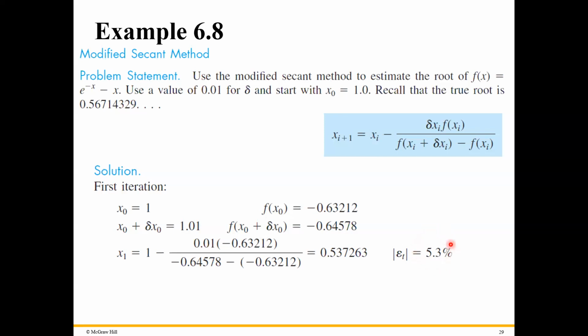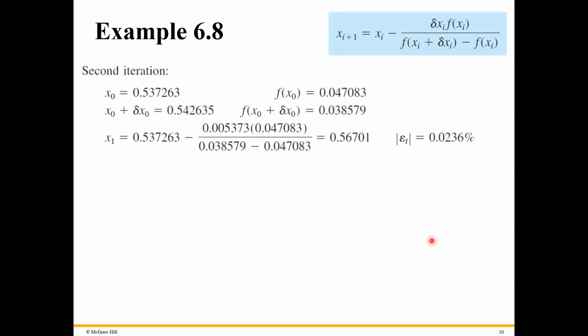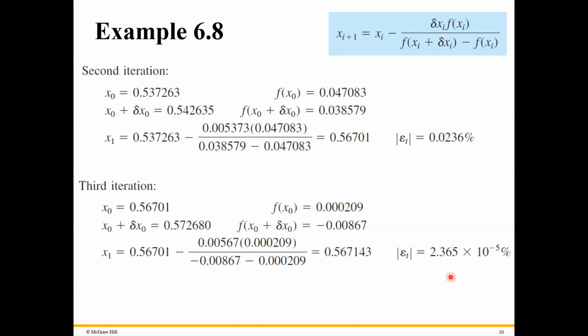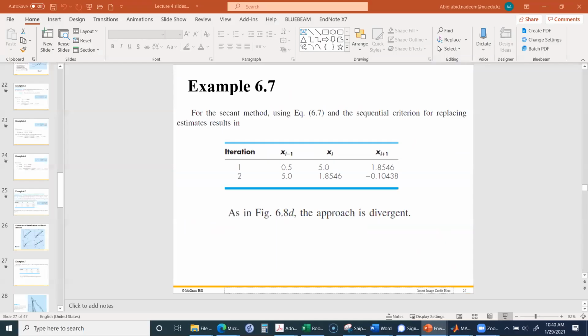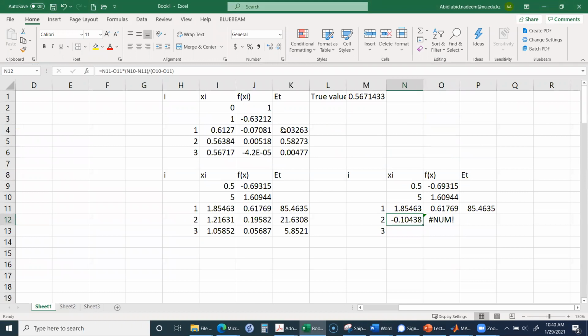So it is much quicker than the original method. Then 0.023%, and then 0.05%. So let's see. I think it would be in Excel. Where did I do it? Yeah, here, I did it over here.